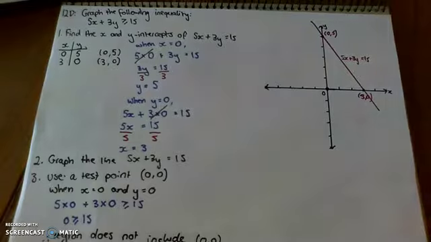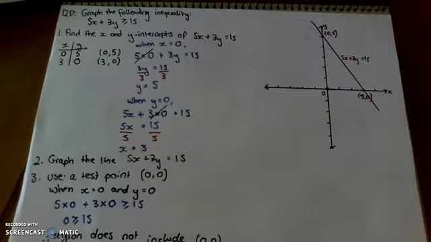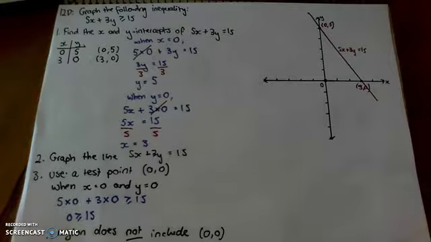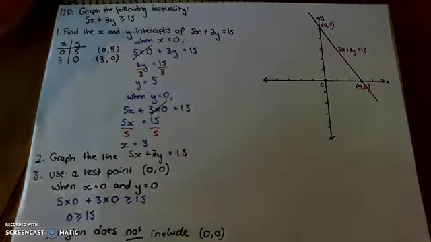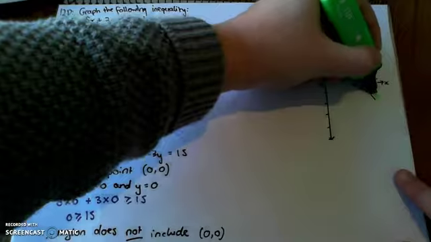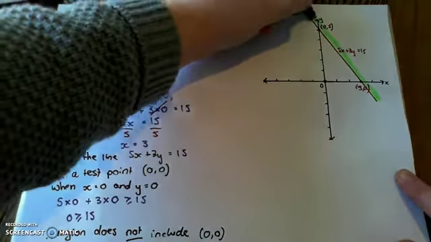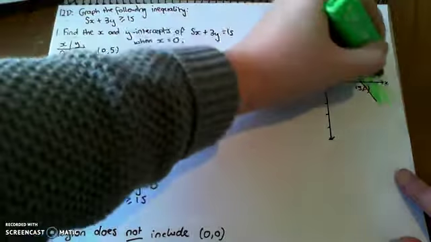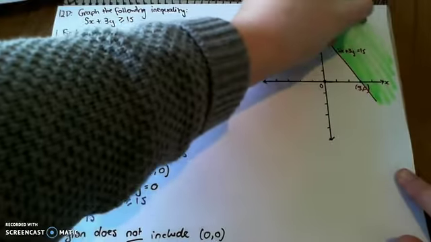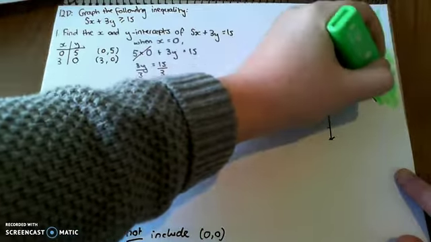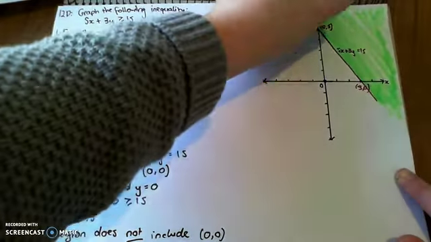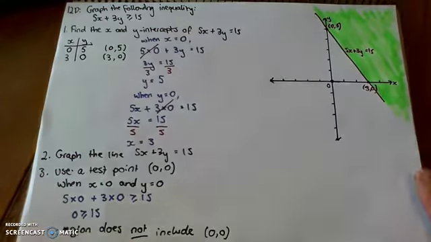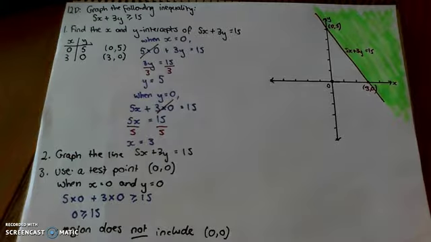So we know that we need to actually shade the other side. So we're going to shade this side, or highlight in my case.